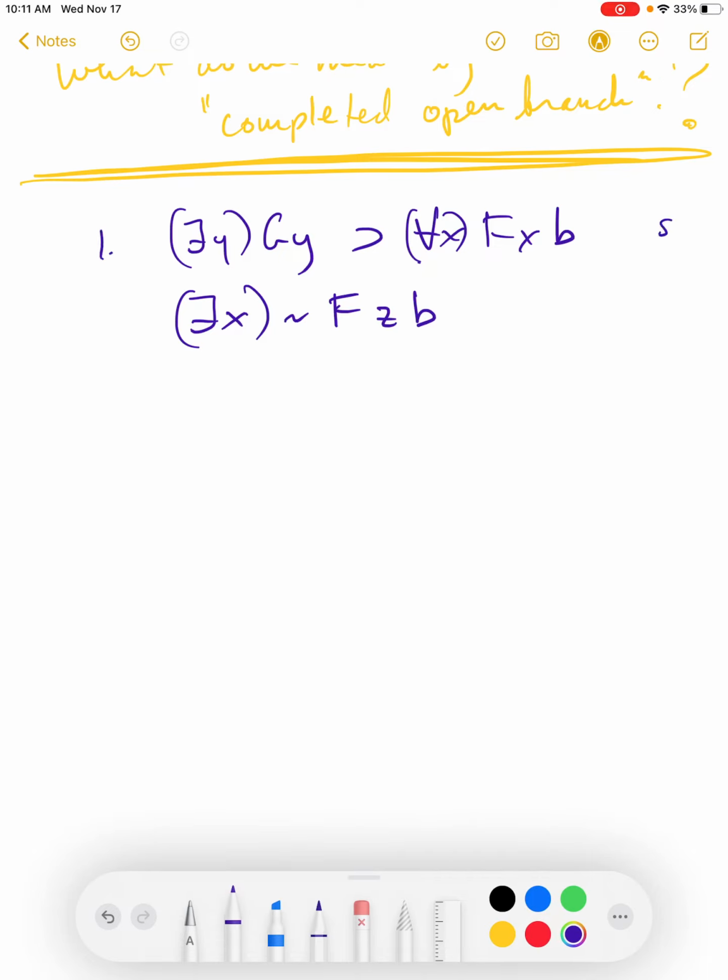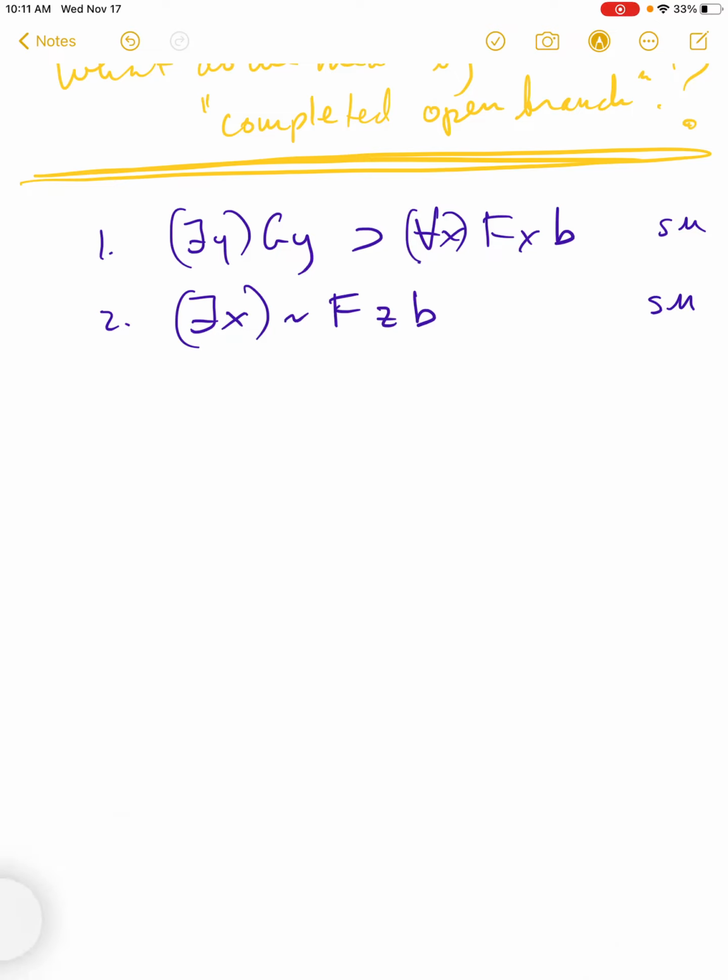I'm going to have as set members that and that. And I'm going into this thinking that, yeah, these form a consistent set, and I think my interpretation is going to be such that the extension of G is empty. There isn't anything that's in the extension of G, making the antecedent false. But there is at least one thing that doesn't bear F to whatever it is that B names. Okay, so let's do the tree.